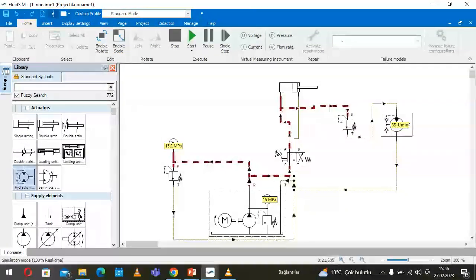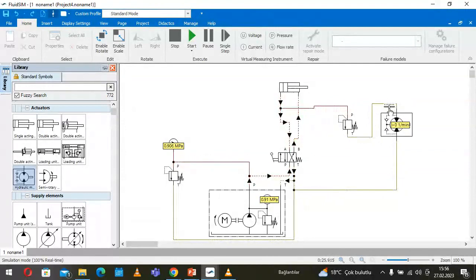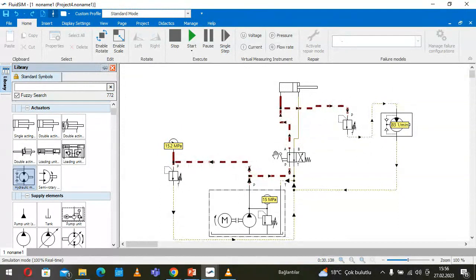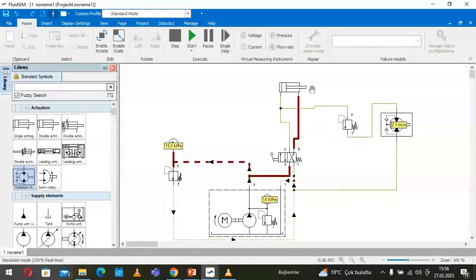You see now, the motor starts to turn. So not before the piston arrives at its final position. Please pay attention: after the piston arrives at its final position, the end position, then the hydraulic motor starts to turn.